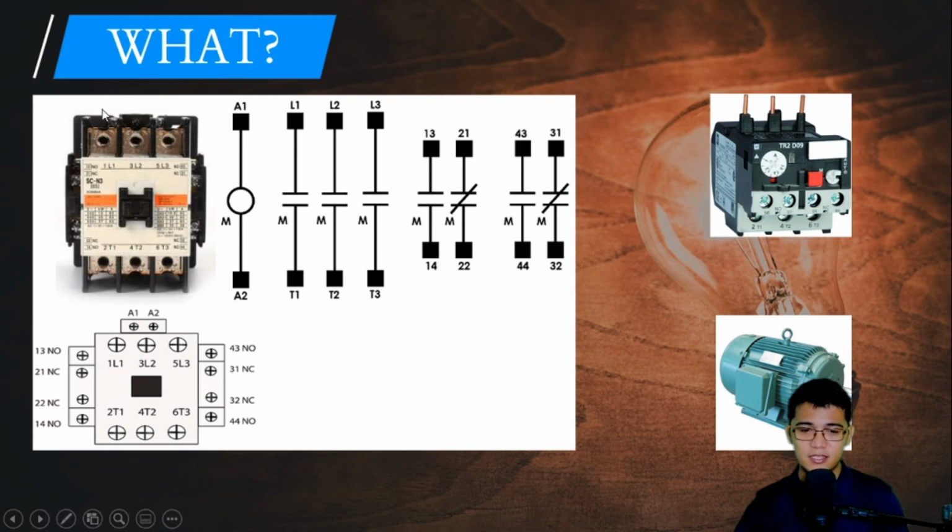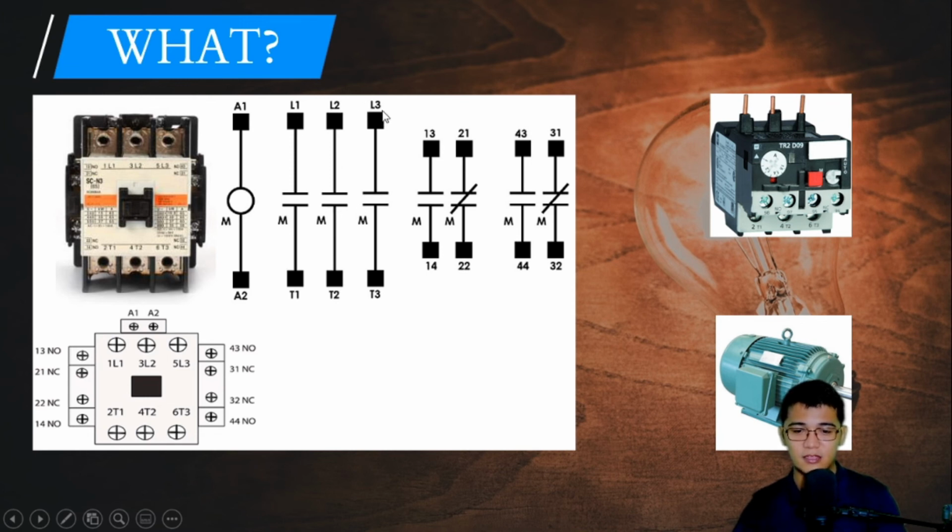Okay? So basically, how a contactor works is that kapag may dumaan na kuryente dito sa ating coil, due to electromagnetism, pag may kuryente na dumaan, magiging magnetic yung ating coil. At pag naging magnet na ito, the contacts will change its state, meaning itong mga normally open magiging closed. Okay? Closed, closed, closed.